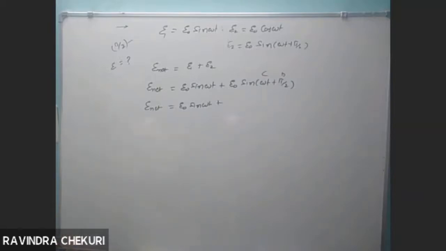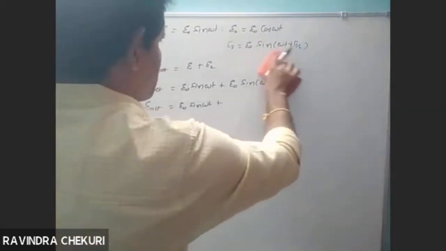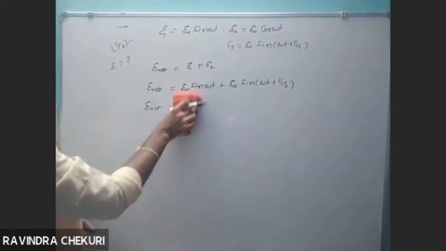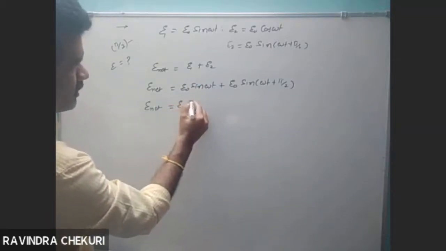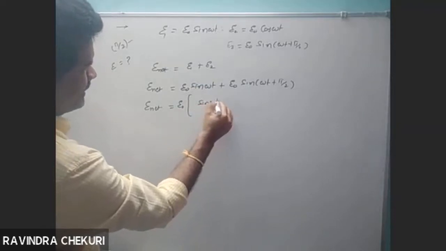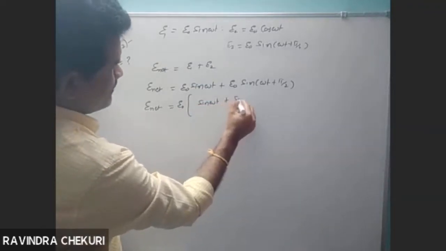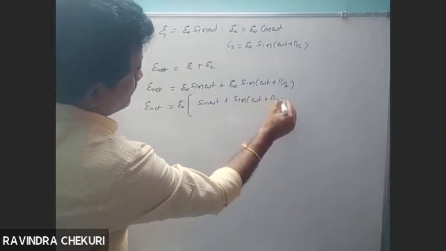Sin of C plus D, or otherwise sin of A plus B. If E naught is common, then this is sin omega t plus sin omega t plus pi by 2.